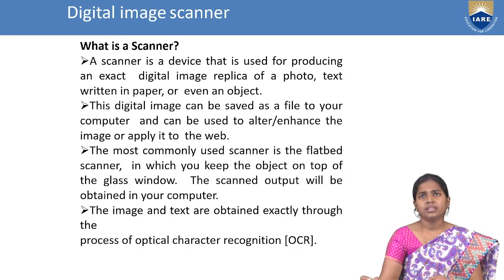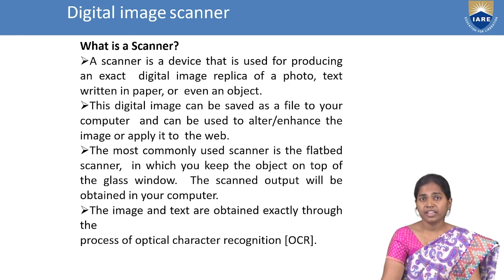And the digital image scanner. What is meant by scanner? Scanning, as the name indicates, whatever text, image, or any paper object we are scanning, that is reflected in our computers, so the reflected data can be stored with the use of computers.